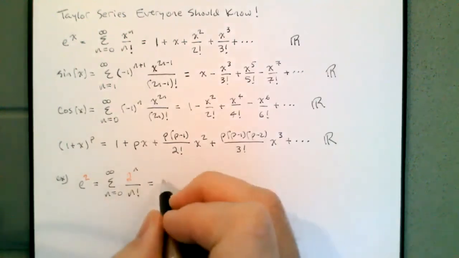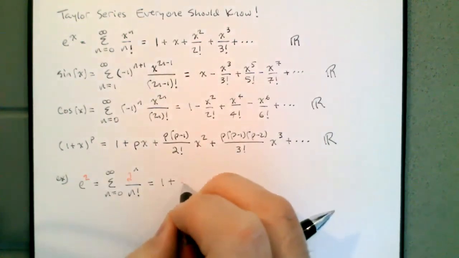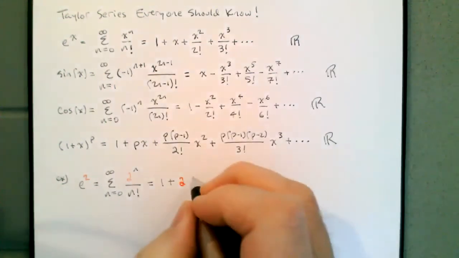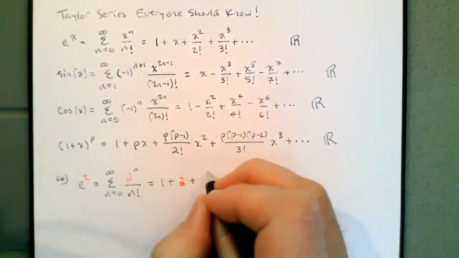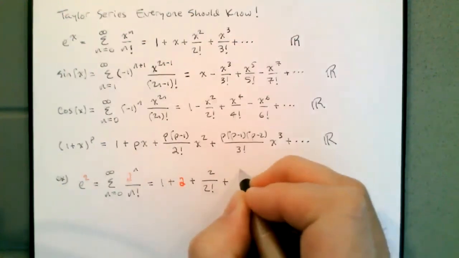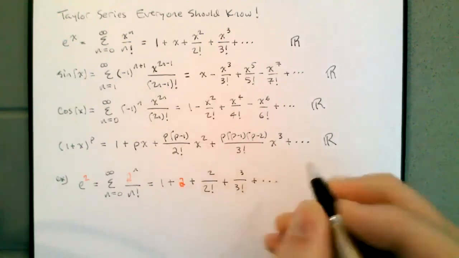So that'll be 1 plus 2 plus 2 squared over 2 factorial plus 2 cubed over 3 factorial, and so on.